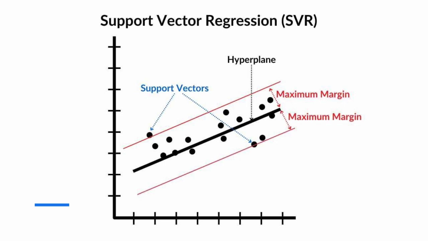This is a very easy and understandable visual. We have all the data points, we draw a line through it, and we have our margins, and we try to fit all the data points within this margin, and the points on the margin are again called support vectors.